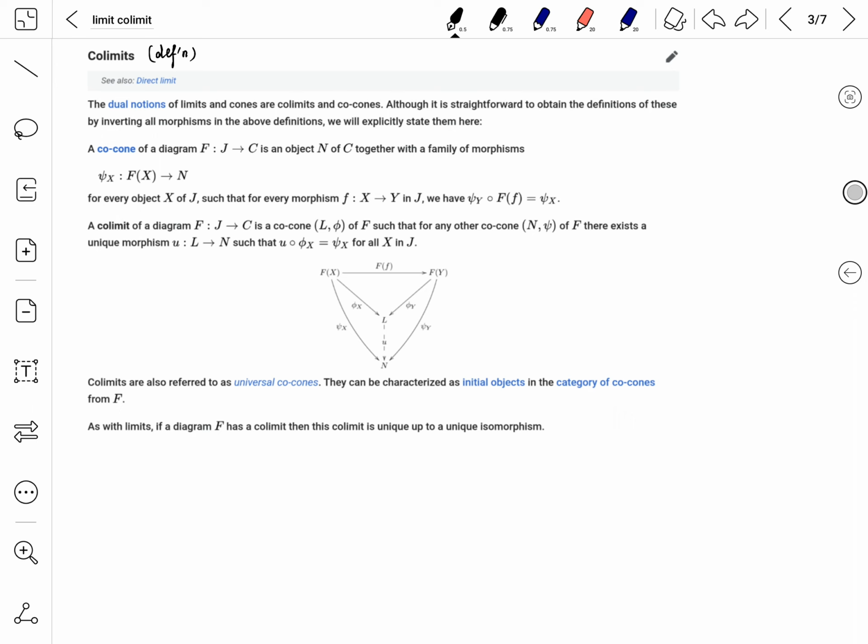Let's see correspondingly the definition of colimit. So firstly, what is called a cocone?